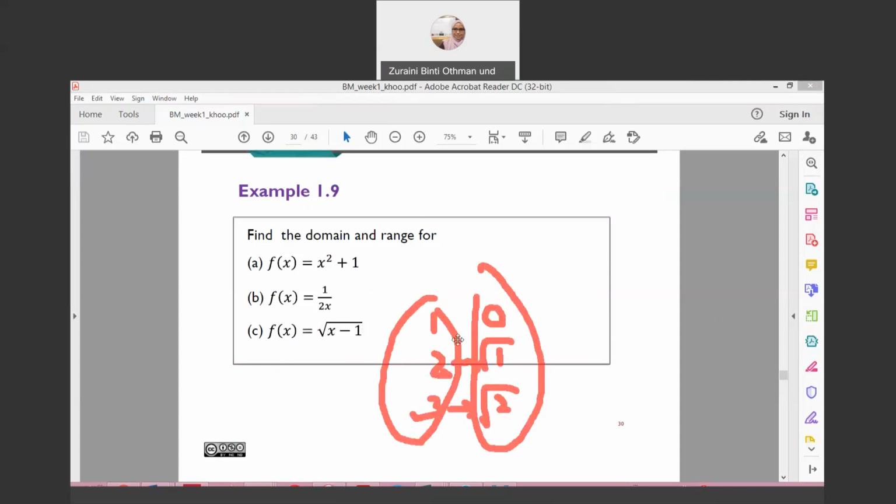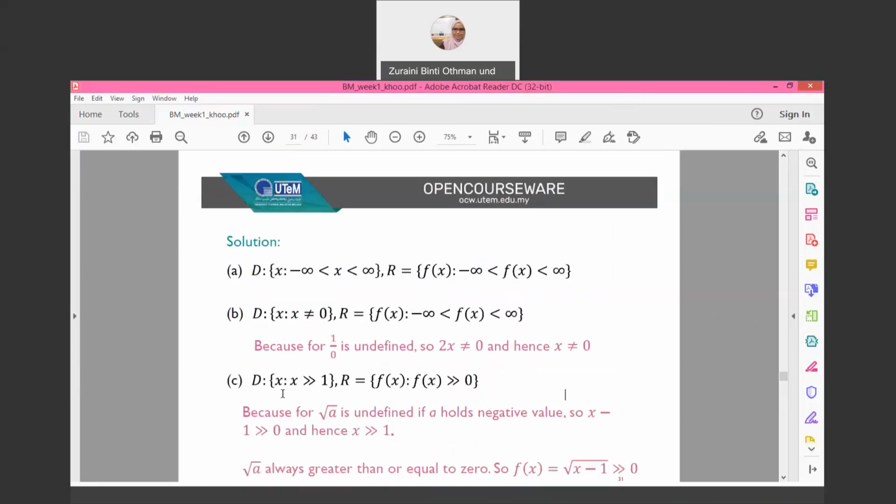So if this number keeps increasing, this number will keep increasing also. So it starts from 0. This is the range just now. So that becomes this answer, which is x is always greater than or equal to 1, which is the domain, and f(x) is always greater than or equal to 0.